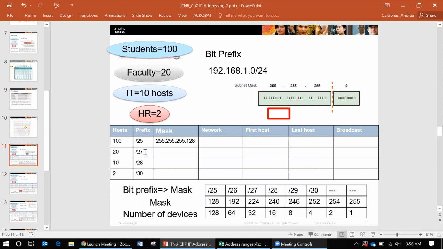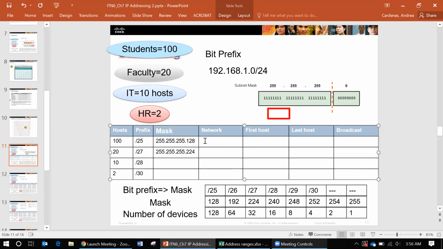Okay. Now we're using a /27. So we go on this chart here. A /27 will give you a mask of 224. So we put your 255, 255, 255 again. And we know that it's a 224 for /27.